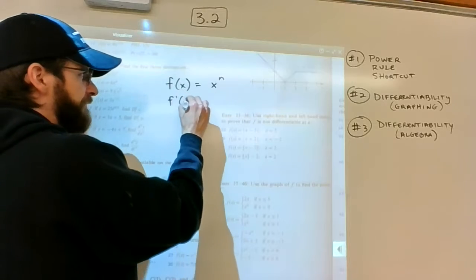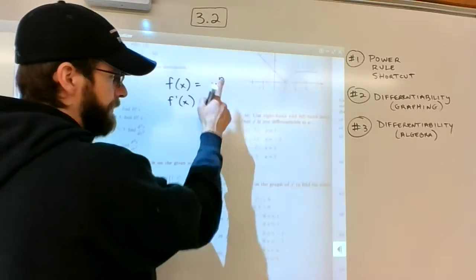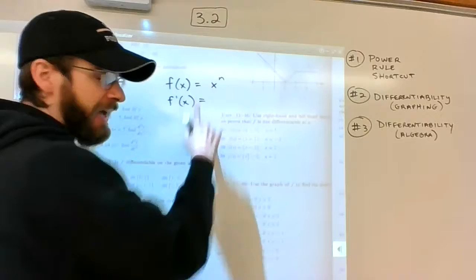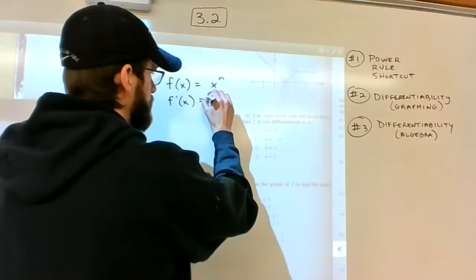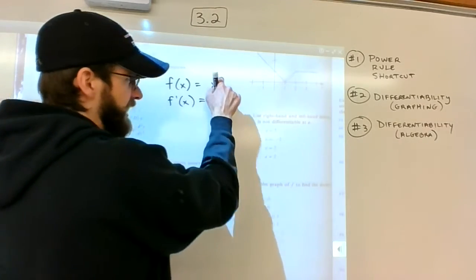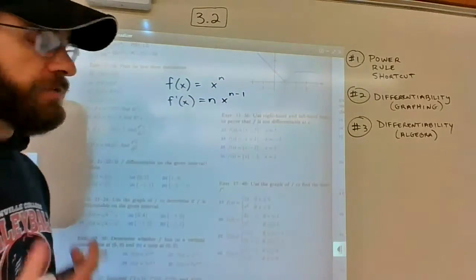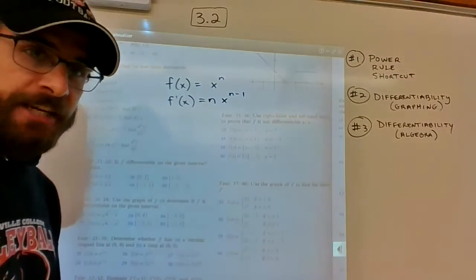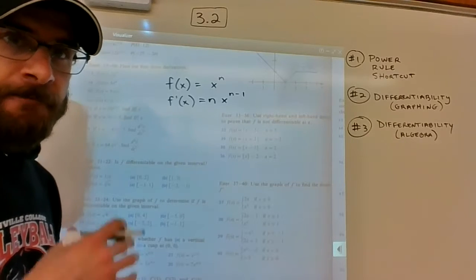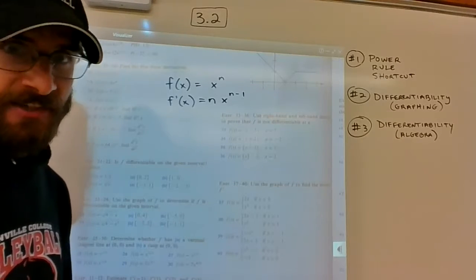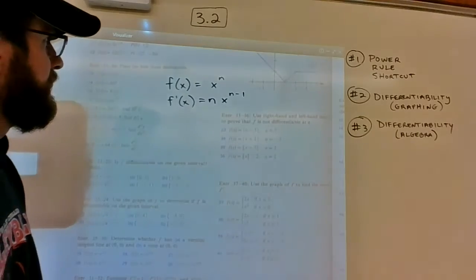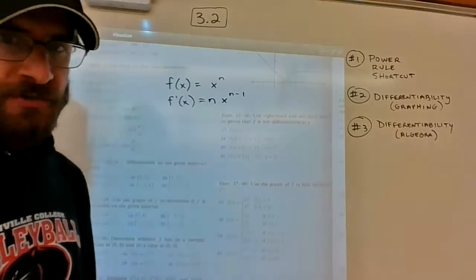The derivative of x to the n can be obtained if you bring the n down as now the coefficient and then take 1 away from the exponent. So this makes the need for the definition of the derivative less necessary. Calculations now should be much easier.